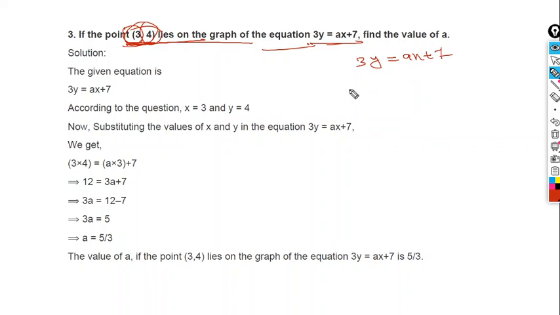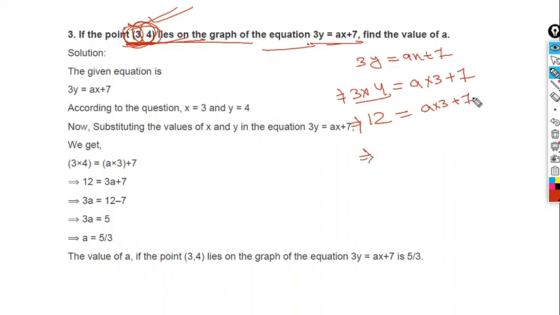Now we know the value of x and y. So 3 into y, here y is 4. So 3 into 4 equal to a into x, and x is given as 3, plus 7. So 3 into 4 equal to a into 3 plus 7, so you transpose this 7 to the LHS.